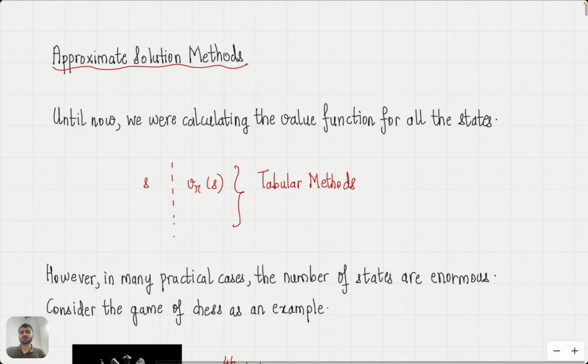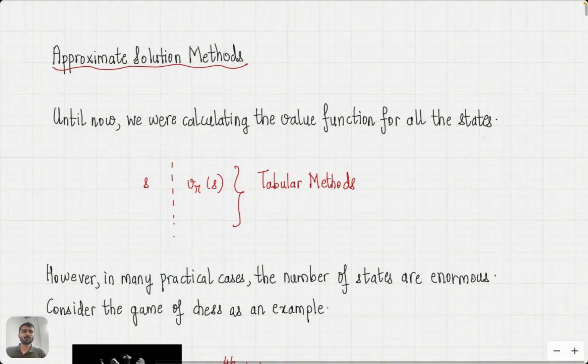The drawback of dynamic programming is that we need an entire model of the environment. We need to know exactly what the probability is that the agent moves from one state S to the next state S dash. And in most real life cases, this information is not readily available to us.